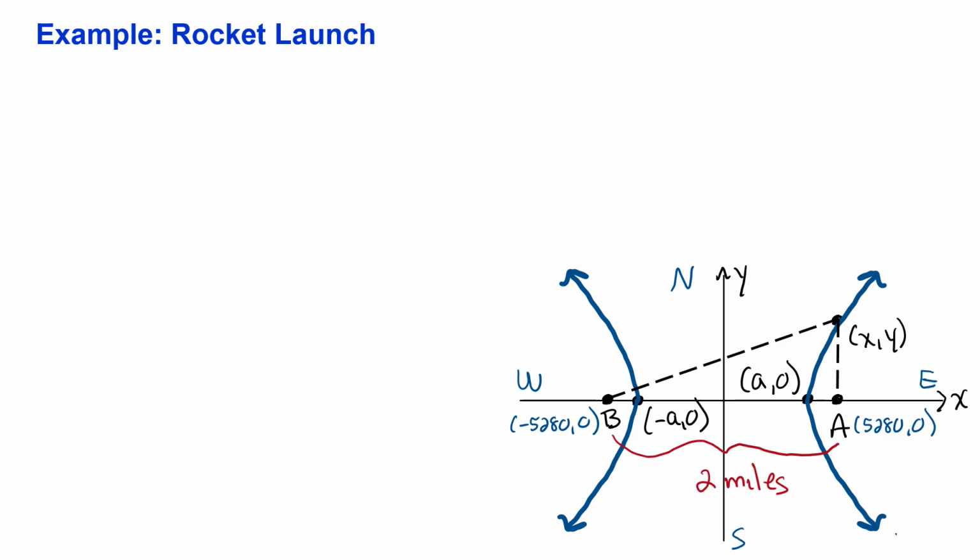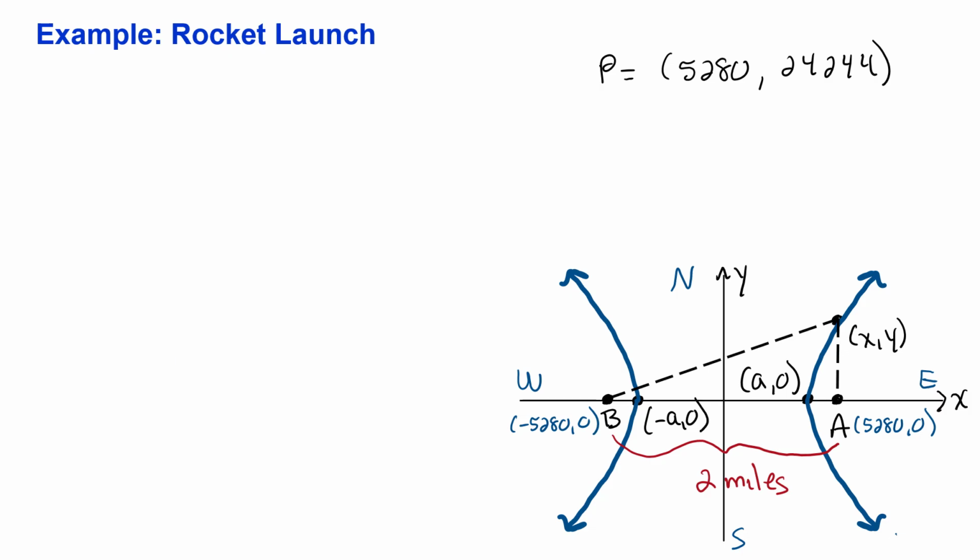Let's write the coordinates of the rocket as the point P equals (5,280, 24,244). Now, one focus at point B has coordinates (negative 5,280, 0), and the other focus at point A has coordinates (5,280, 0).